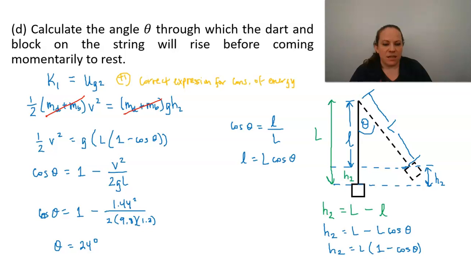Our next point is going to come from a correct expression for the height. I'm just going to abbreviate EXP for expression, for the height reached by the block.